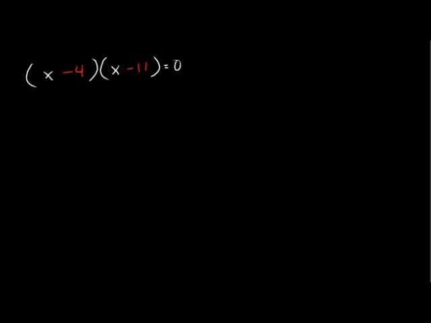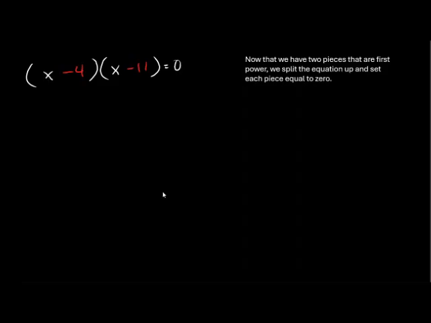Now that we've split our second power equation into two parentheses that are both first power, we will set each piece equal to 0. We do this because if either one of those pieces is 0, the whole thing becomes 0 because those two pieces are multiplied. For our left piece, we'll say x minus 4 equals 0, and for our right piece, we'll say x minus 11 equals 0.